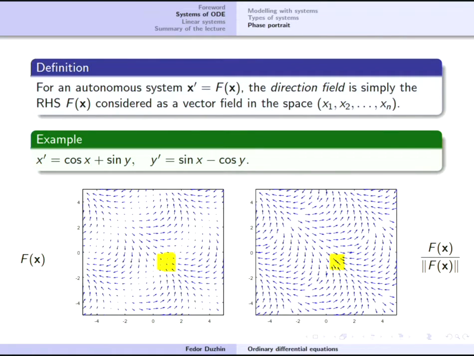And on the left plot, it is clear that there are some large areas, somewhere here and here, where the magnitude of the vector is either very small or just 0.